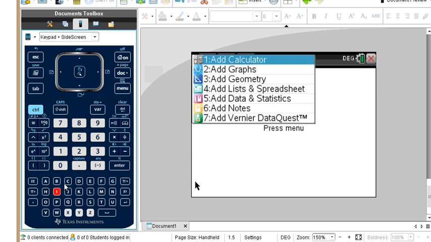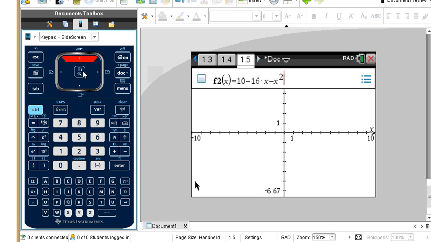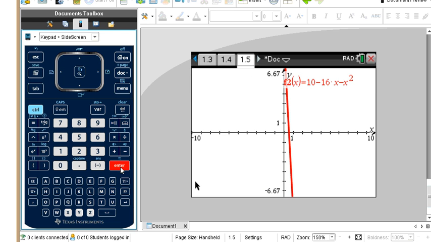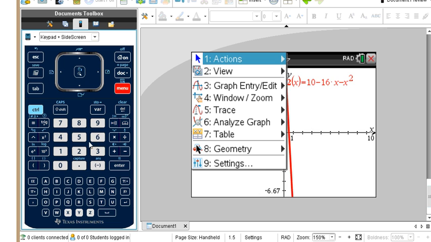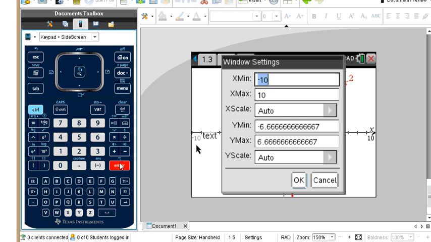Control I, and graph. Up here, this function 2, that's it. And we can't see it very well, so we're going to have to adjust the window. Menu, window, and window settings. We're going to go to negative 20, comma 8.